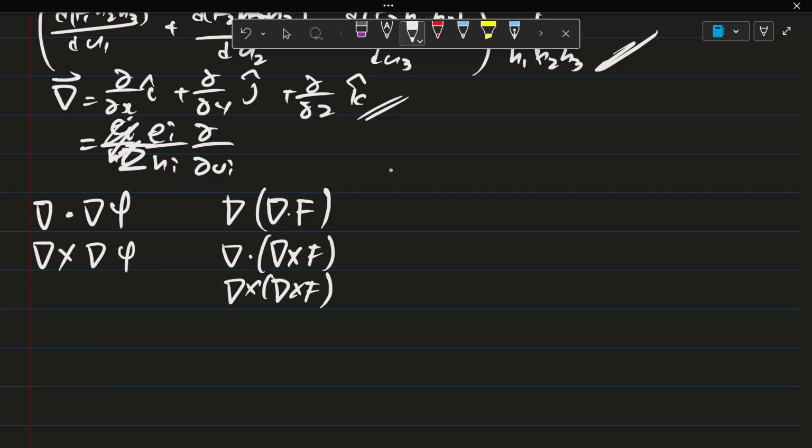So here are some properties that could be extracted from each of these. First, I want to discuss the curl of a gradient.